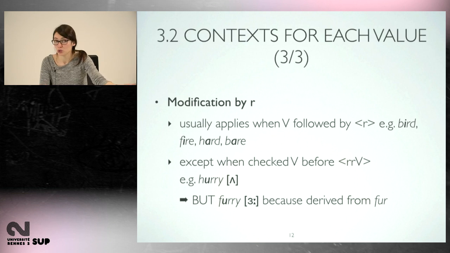And in fur, the normal rule for R modification applies. That is, you have a vowel followed by a single consonant, so you have a checked vowel, okay? And the single consonant is R, so it modifies the value of the vowel. To keep the same type of pronunciation in the base and in the derivative, that is in the derived form, you still have R modification in furry.